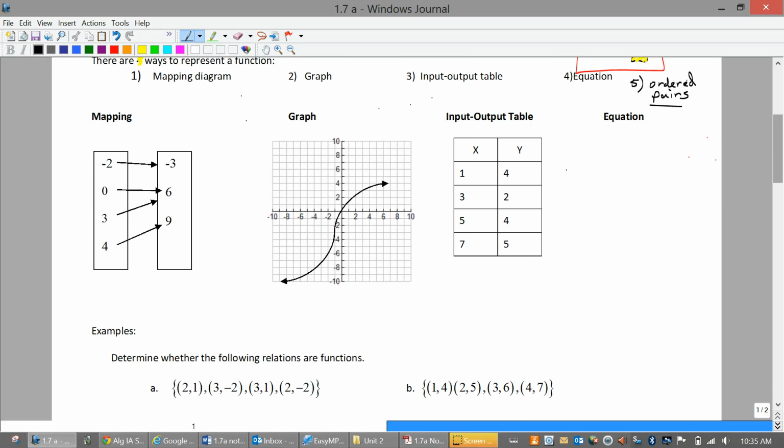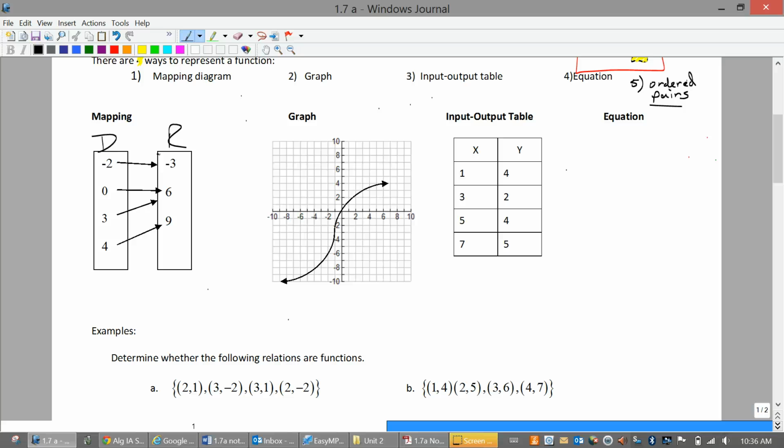The first way we can represent a function is by mapping, where you've got the domain and the range. This is a function because the number -2, button -2, maps only to -3. Button -2 gives us -3 out of the soda machine. It's clear there's only one thing that comes out for -2.